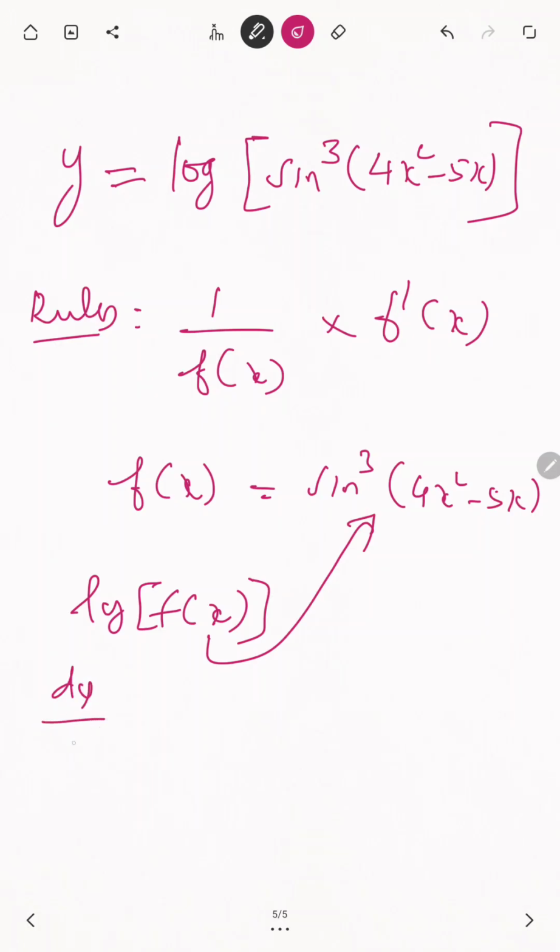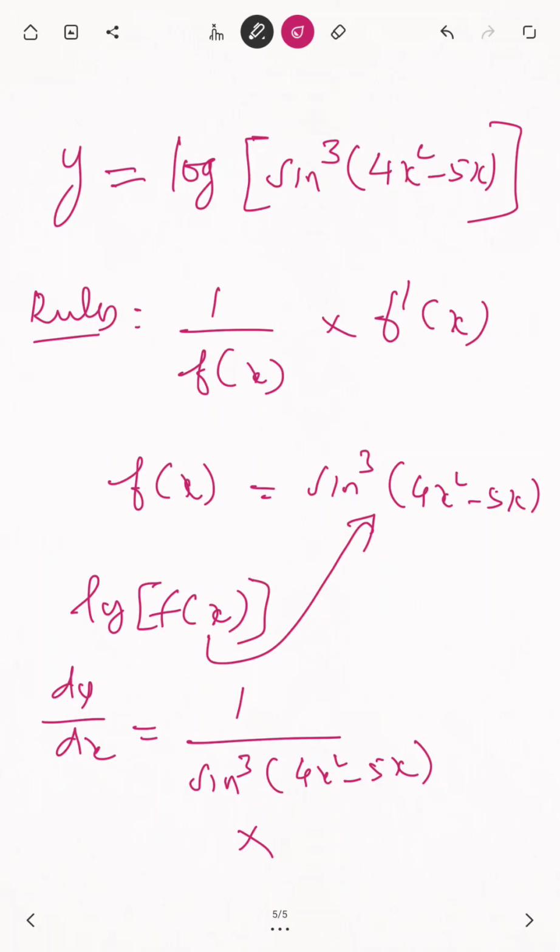Okay, what is the rule telling? Write dy by dx. Write down the rule. 1 by function of x. Function of x is what? In function of x only is the formula, not in the logarithmic function. Log is there, function is sin cube of 4x square minus 5x, into differential of respective function. Respective function is what? Sine family.